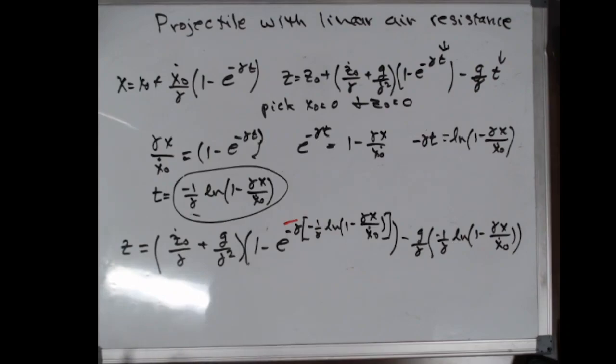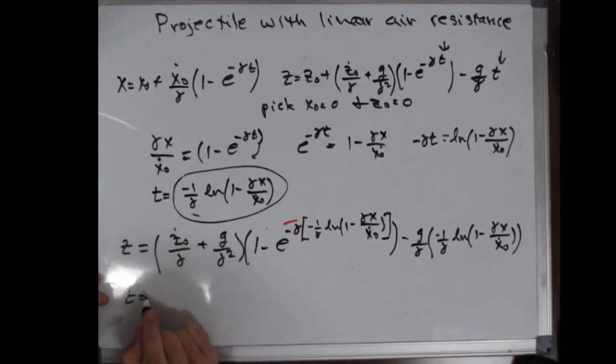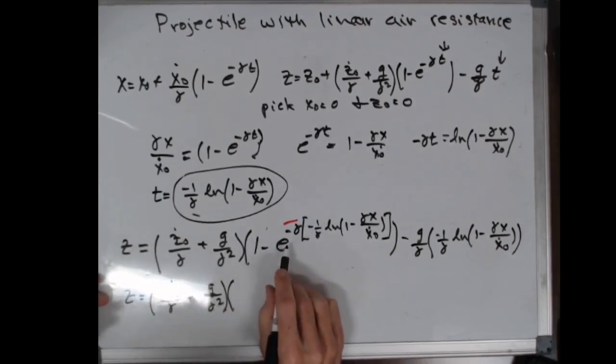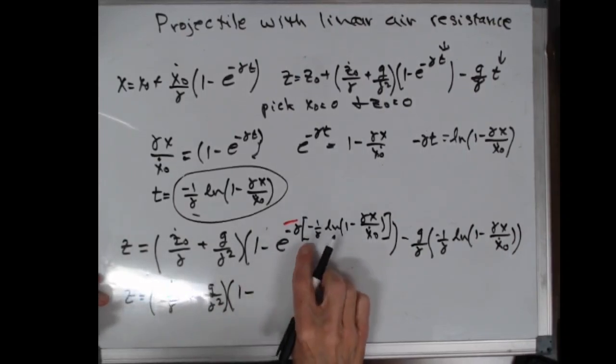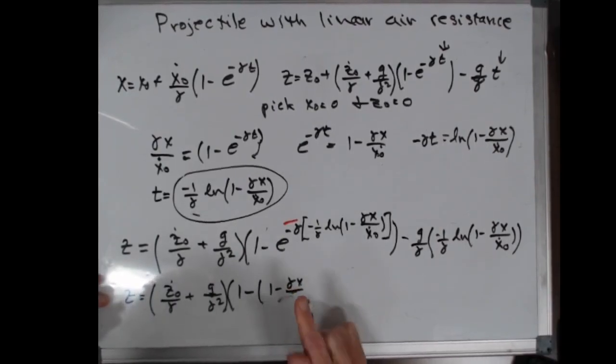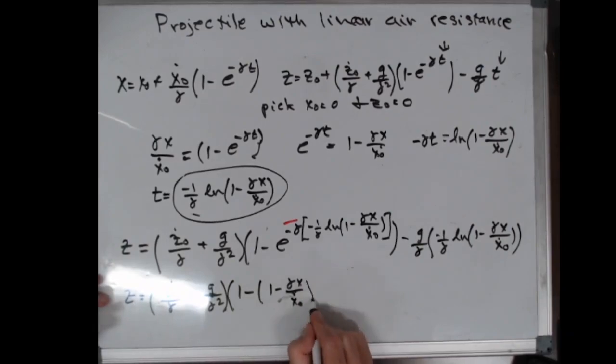And so this equation is going to become z equals z naught dot over gamma plus g over gamma squared times, and so this is going to be 1 minus parentheses 1 minus gamma x over x naught dot. It's getting harder and harder for me to get my dot in there. Let me try that just differently. X naught dot, something like that. It's not much better.